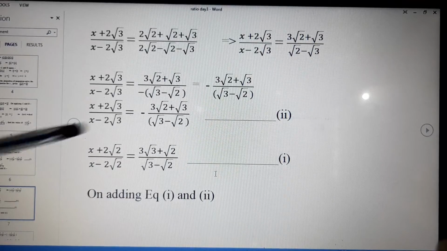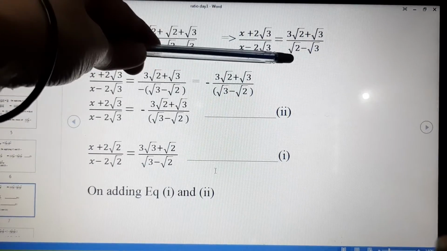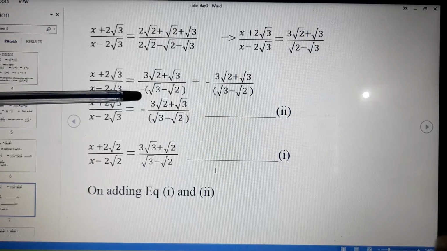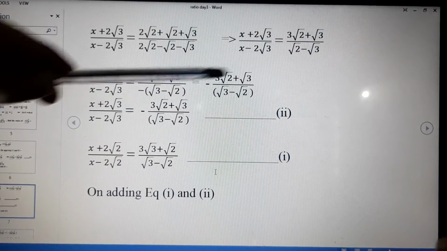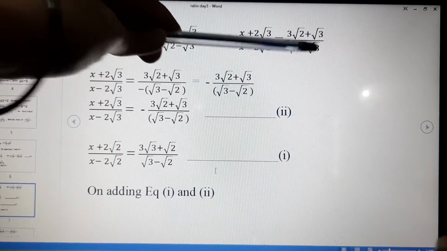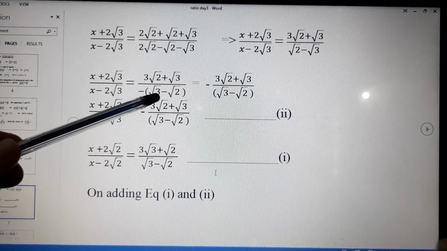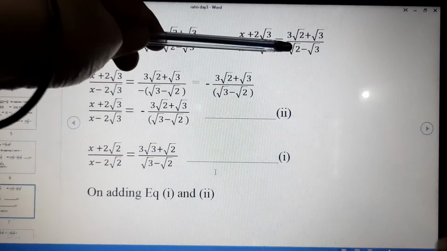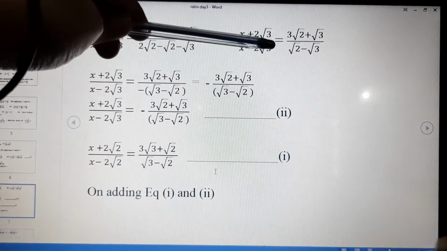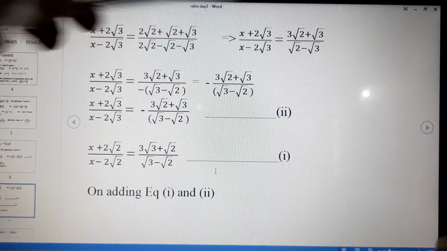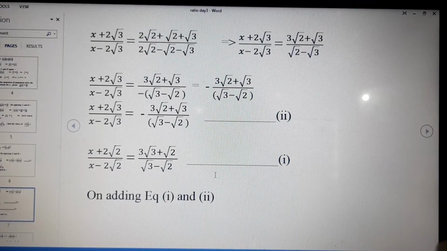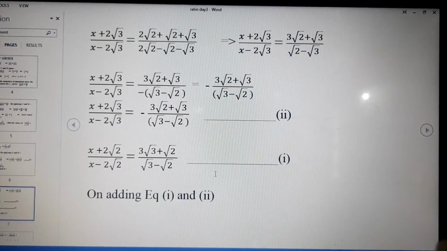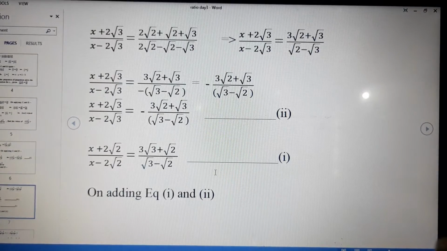sign common. From here, I have taken minus sign common. So if we take minus sign common, then it becomes minus root 2 and plus root 3. Or we can write root 3 minus root 2, we can interchange it. Fine. This is root 2 minus root 3. If we take minus sign common, then it becomes minus outside the bracket, root 3 minus root 2 inside.